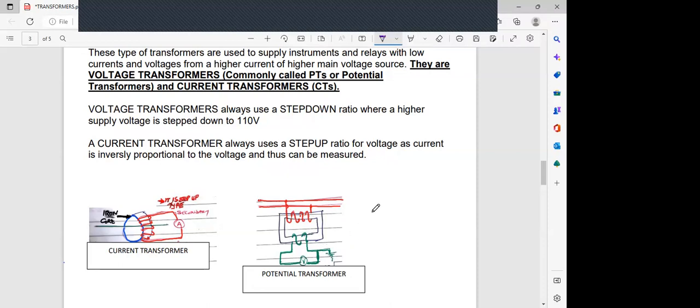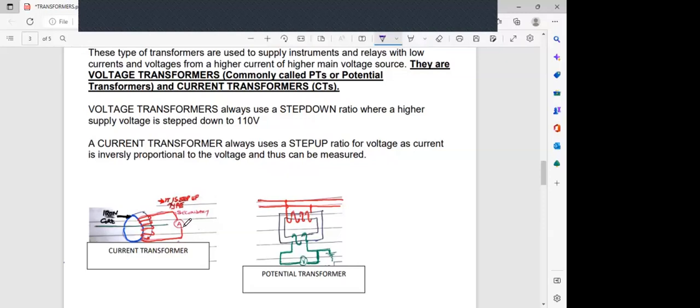It can be just like an isolation transformer, where 440 is just taken from here and directly connected, very much like a current transformer, excepting that it is graduated or calibrated to give you a volt reading. So it's taken exactly like a current transformer and giving you a voltage reading. So 440 volts to 440 volts.